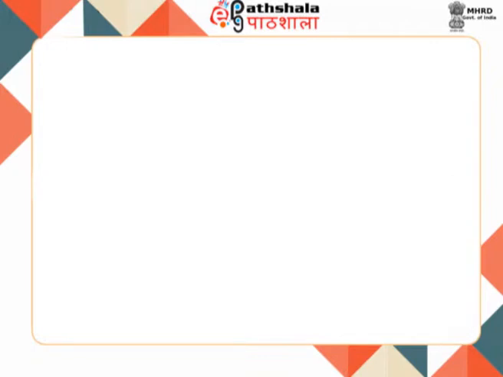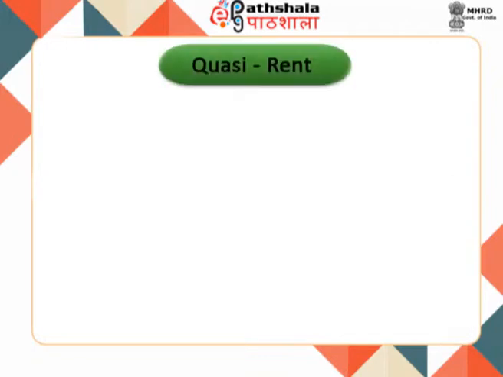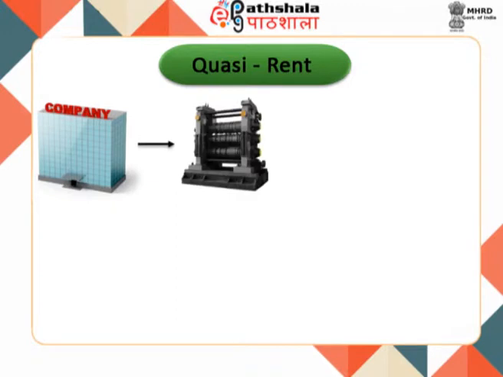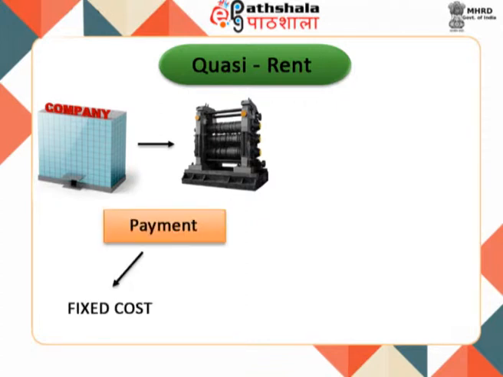Let's explain the concept of quasi-rent with the help of an example. Assume that a firm hires a machine on contract and pays a constant amount per period. This kind of payment is fixed and not considered as a variable cost for the firm.